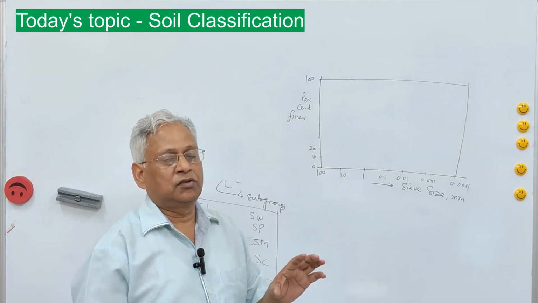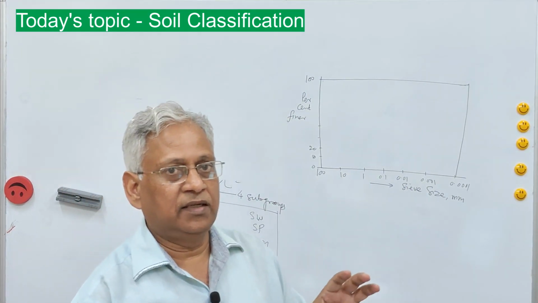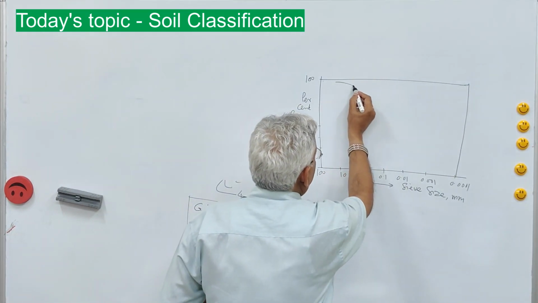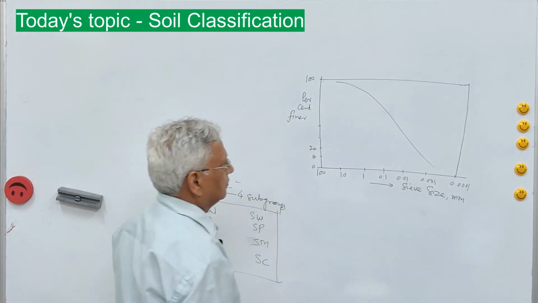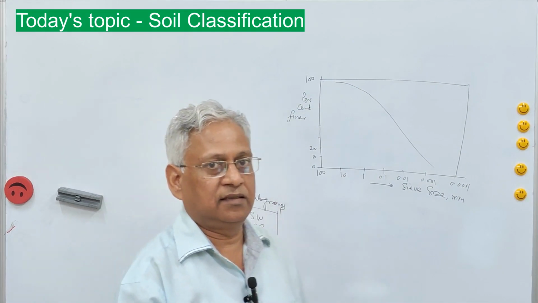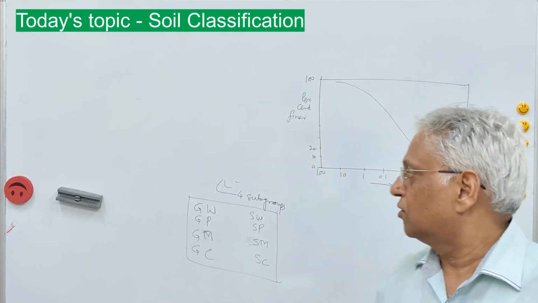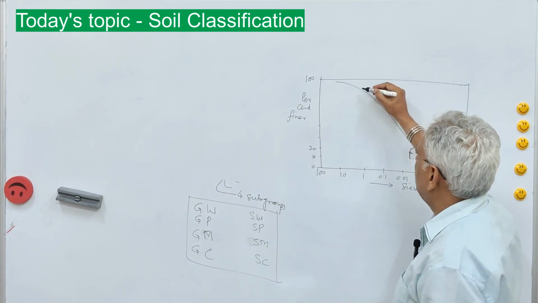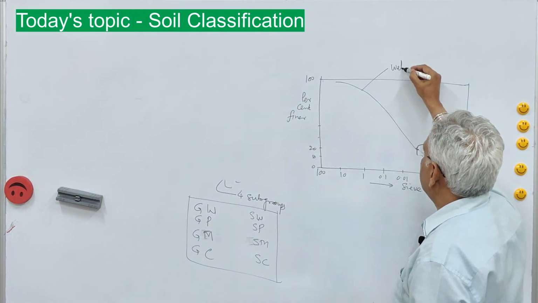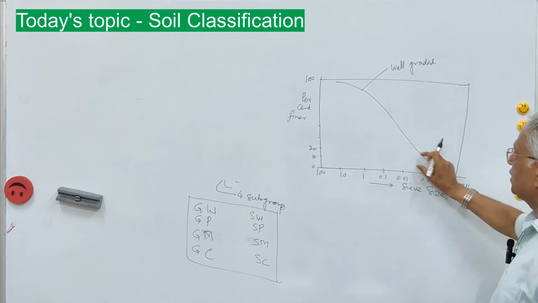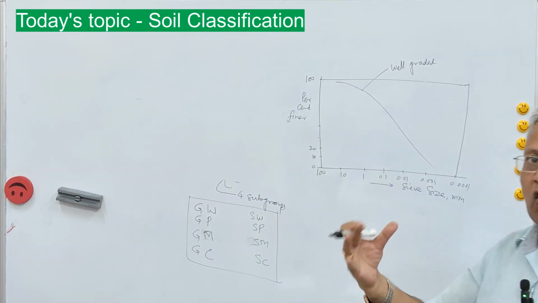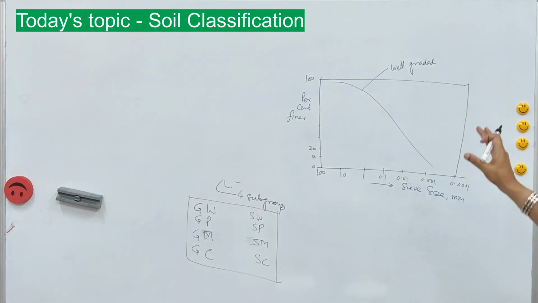When you make a plot, grain size distribution of a material, if it spreads like this, means the spread on x-axis is very large. That is called well-graded material. This is a case of well-graded material which basically has all sizes present in the mixture or the soil or the gravel. That is well-graded.